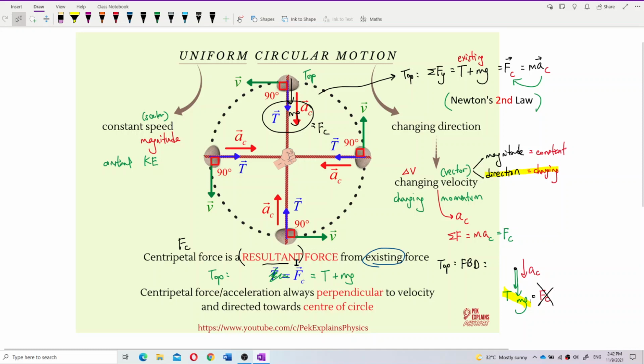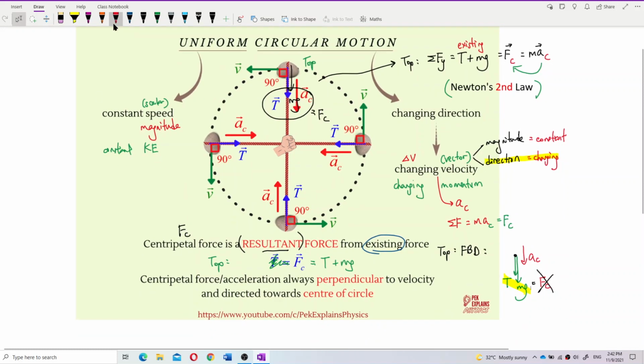So we look for the resultant force, and to look for the resultant force, we look for the centripetal acceleration. Remember the step: we always look for the centripetal acceleration first.